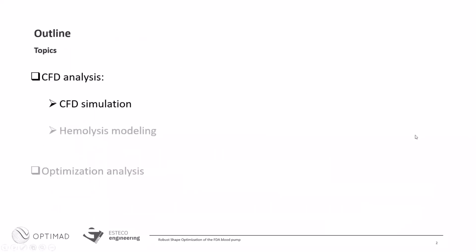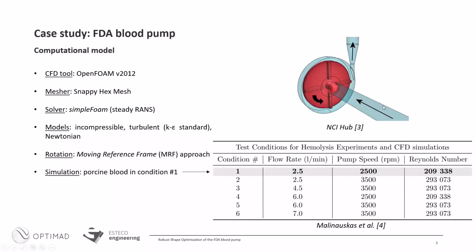So let's start from the CFD model assessed in OpenFOAM. We used this FDA blood pump, which is a benchmark test case, but our methodology can be extended to more complex geometries. We used SnappyHexMesh for the computational grid, simpleFoam in order to perform steady runs.